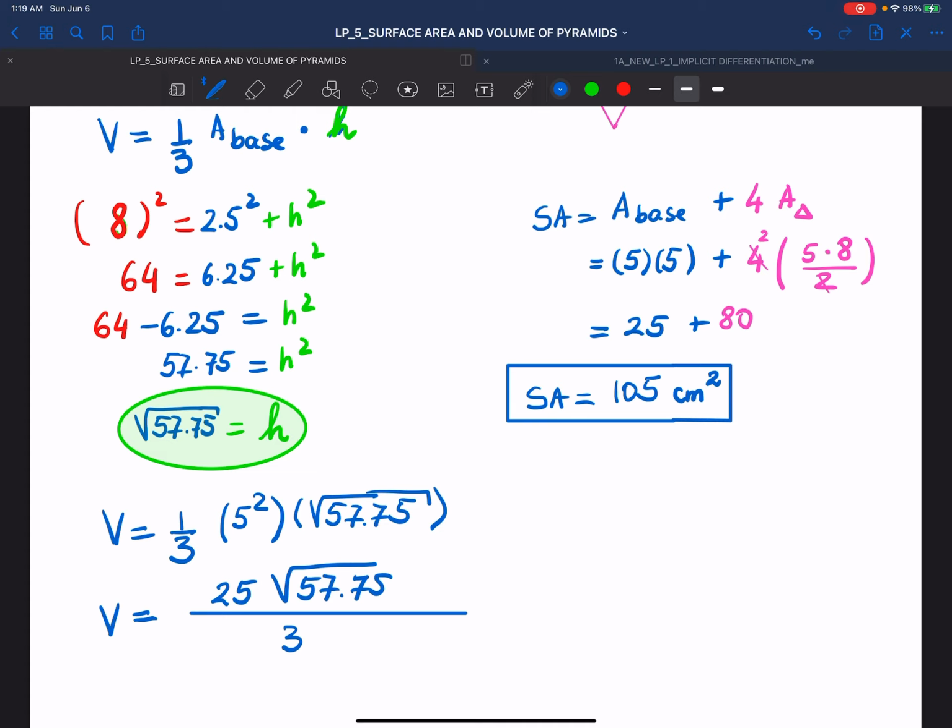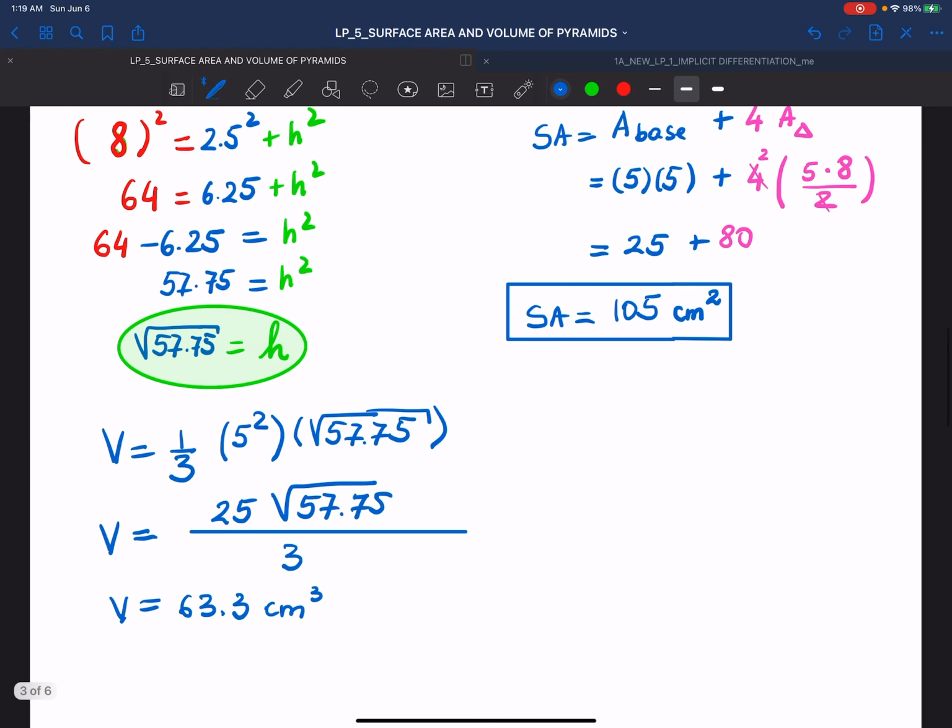Here we go, we have 25 times the square root of 57.75, divided by 3, which is 63.3. Think again, what units are we using? Centimeters. What are we finding? Volume. So that's cubed. So that would be the answer.